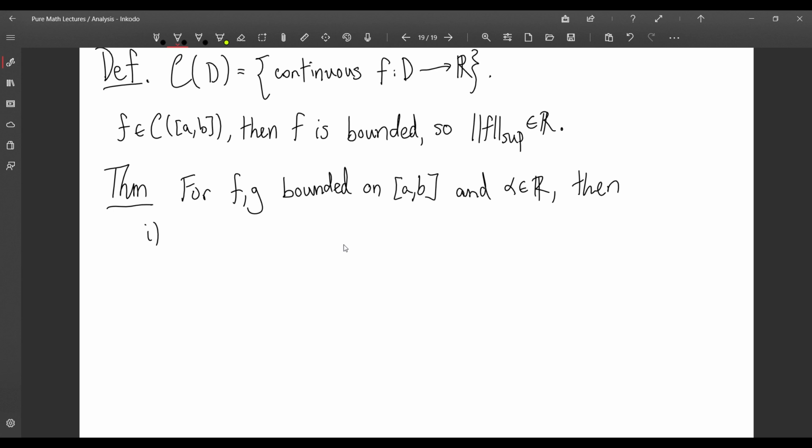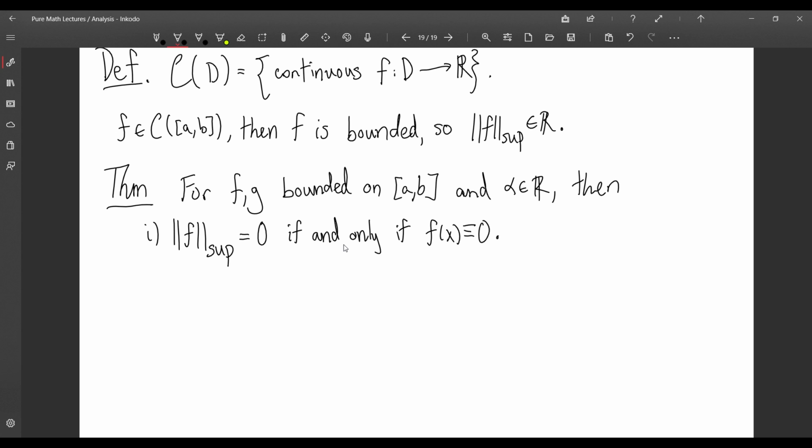The first is that the sup norm of f is equal to 0 if and only if f(x) is identically equal to 0.